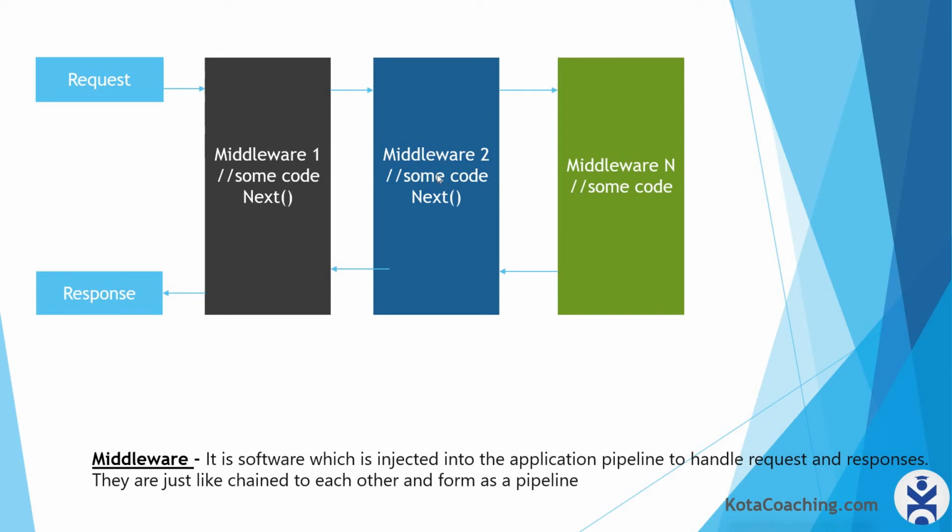The next method will trigger the next middleware, and the same thing will happen here. There would be some different code, and after that code, the next method will be called and will trigger the next middleware. And if a middleware doesn't have the next method, the request will go in the reverse order. The same goes for the response: it also passes through the middleware, but in the reverse order.